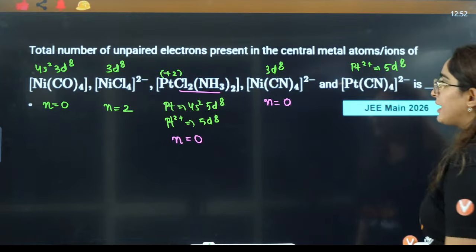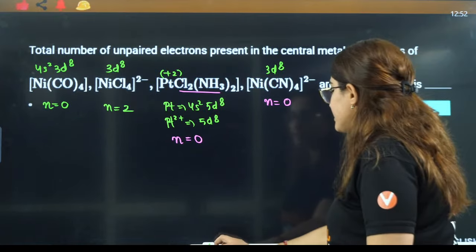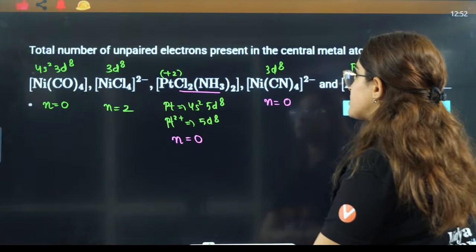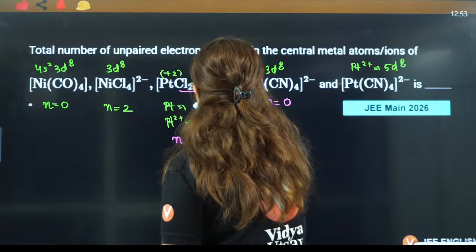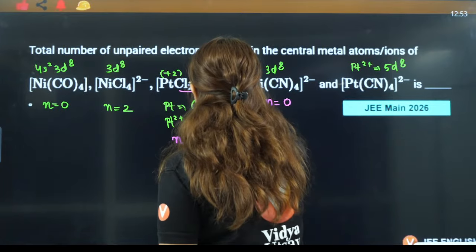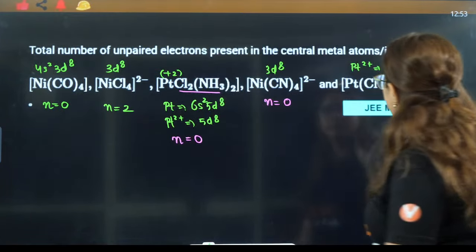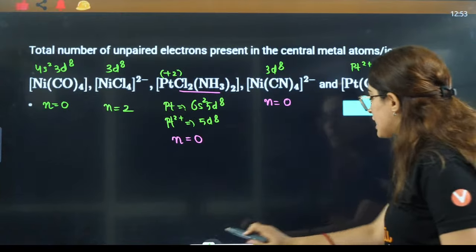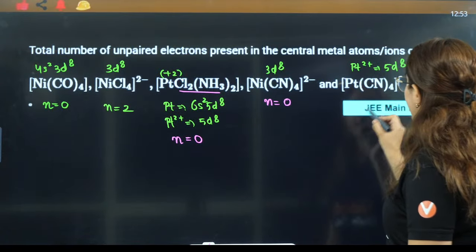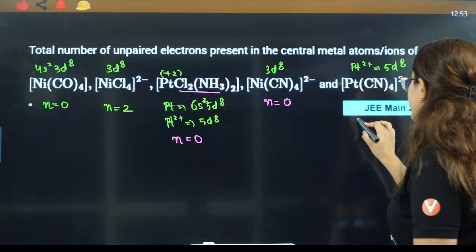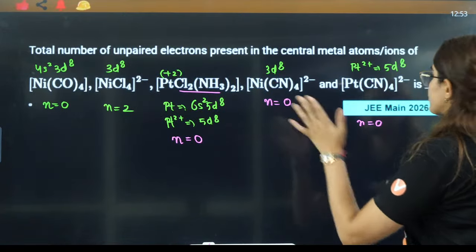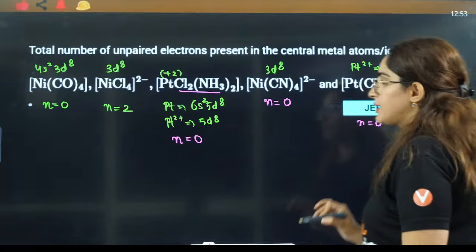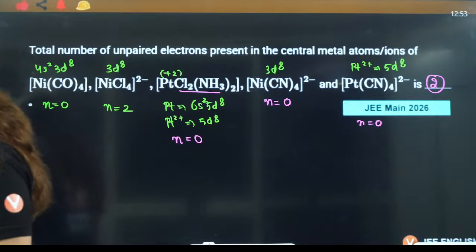It is 5d8. Now in this case, wait a minute, why have I written 4s? This should be 6s. So it will be 5d8, right? Now again here there will be pairing, so the number of unpaired electrons is going to be 0. So the total will be 0, 0, 0, only 2 is the answer here, right?